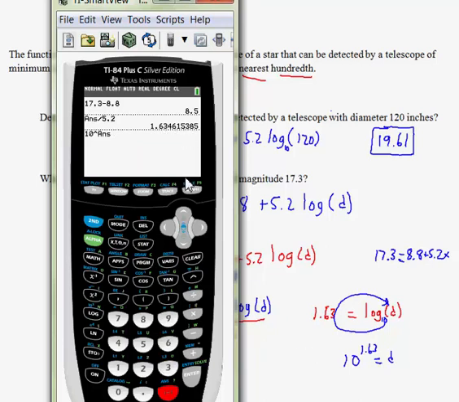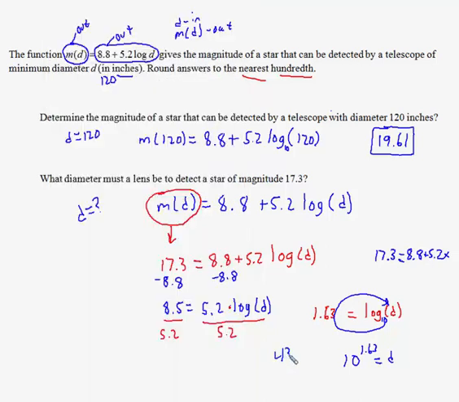So 10 raised to the 1.63 comes out to be, this is where I'm going to round to the nearest hundredth. Since the thousandths place is a number less than 5, I need not round up my hundredths place. So 43.11. And this time I do have a unit. The diameter was in inches. So your telescope would have to have a lens at least 43.11 inches in diameter to be able to see a star whose size is as big as 17.3.